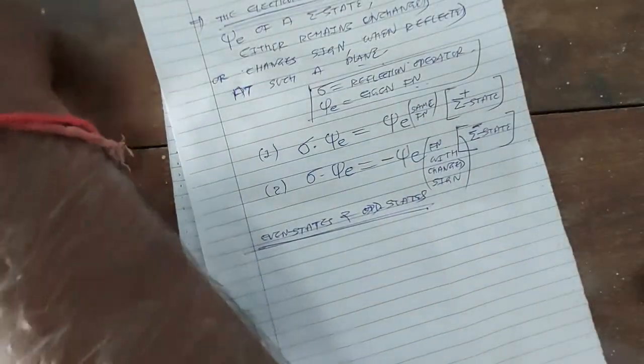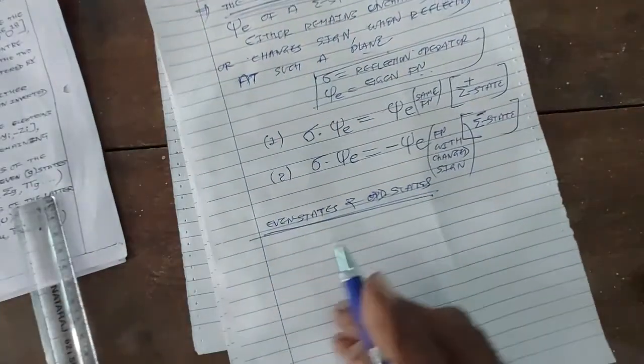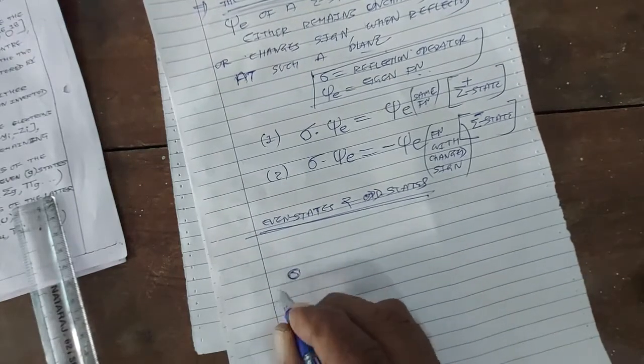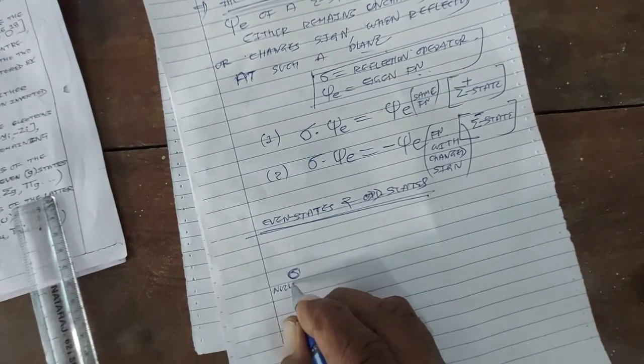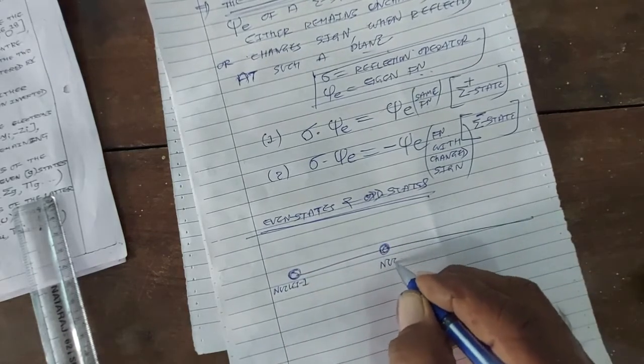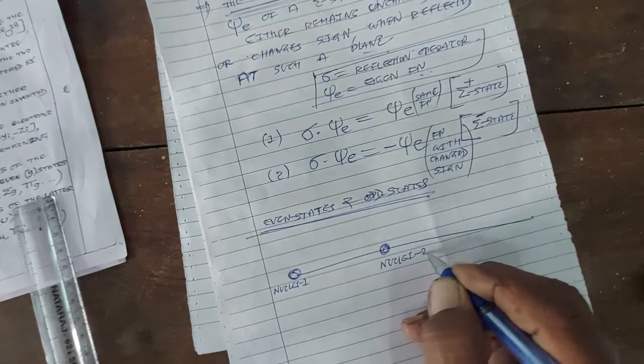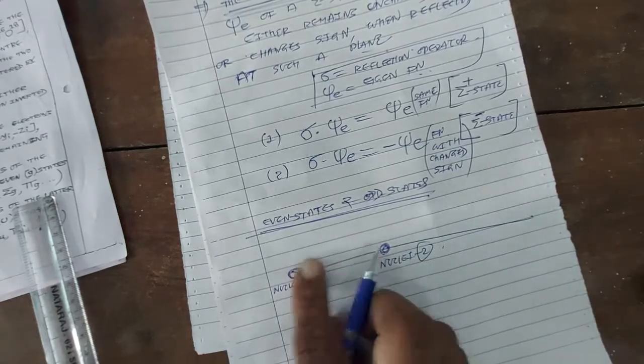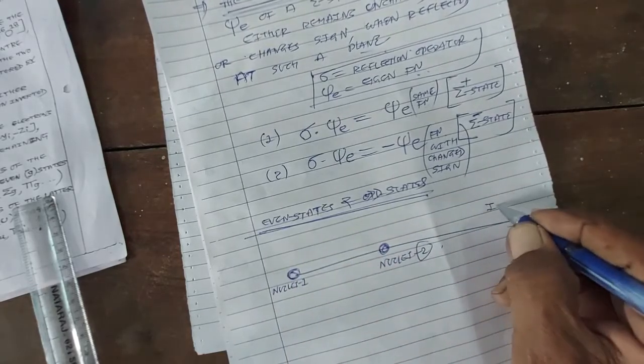Now, this is nucleus 1. This is nucleus 2. This is a diatomic molecule. This is called the internuclear axis.